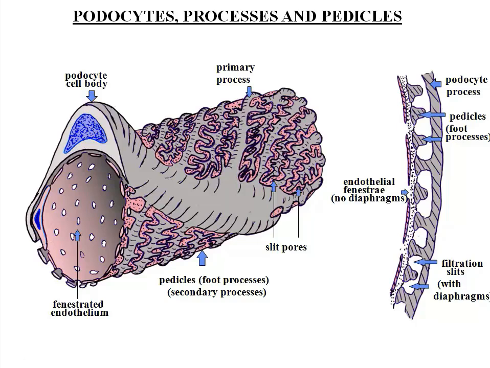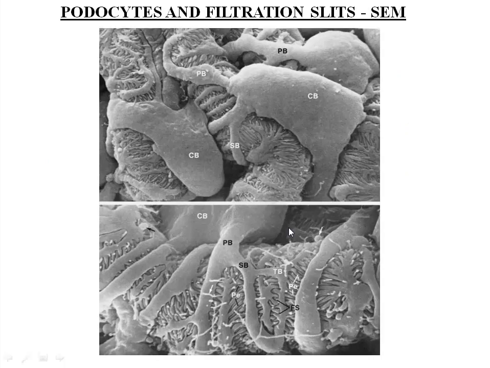And one thing, why they are called podocytes is because they form all these processes. Now here it will be a little bit clear. You can have an idea of what a podocyte is. So if these are the podocytes, a cell, they form such processes, and they cover this capillary. They wrap this capillary.